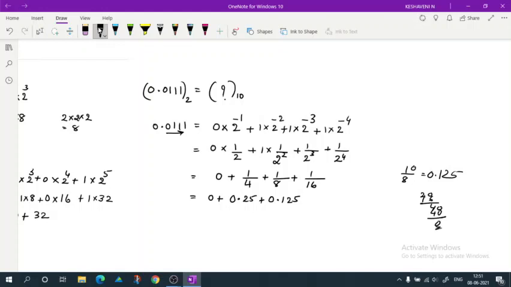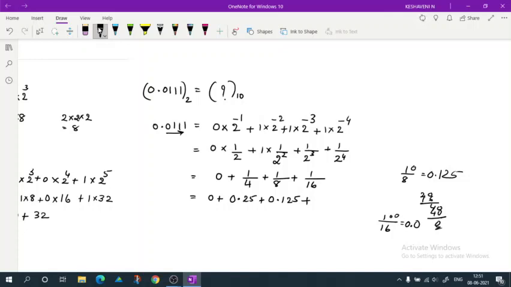Therefore 1 by 8 equal to 0.125 plus 1 by 16. 1 by 16 is equal to, if you take point, 1 0 not possible, again you have to take one more 0, therefore you have to take 0 here.